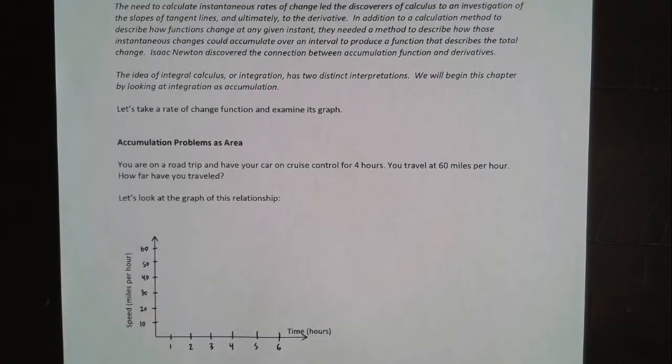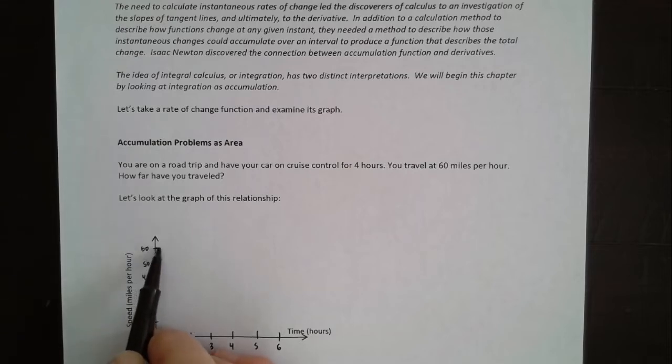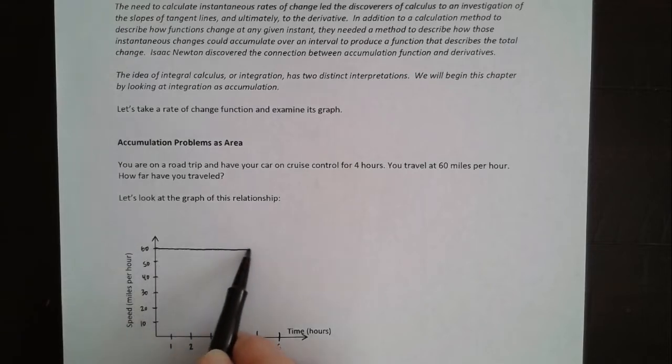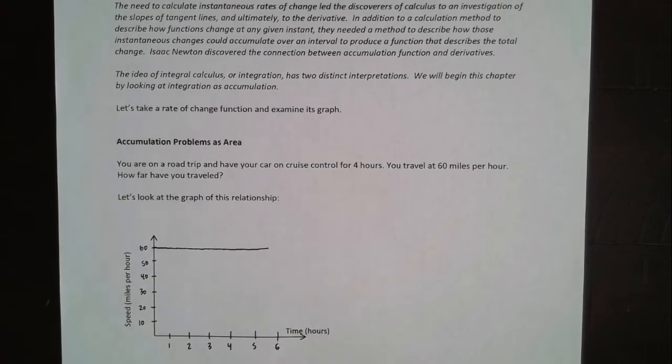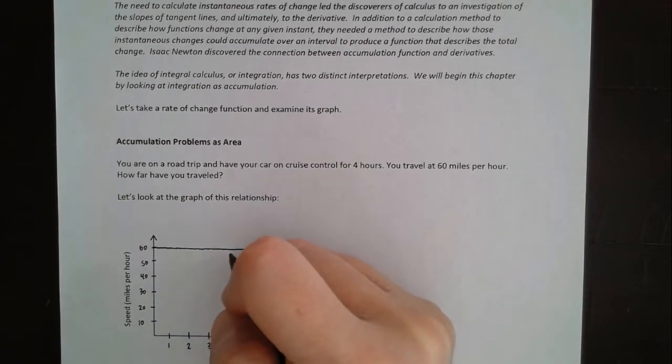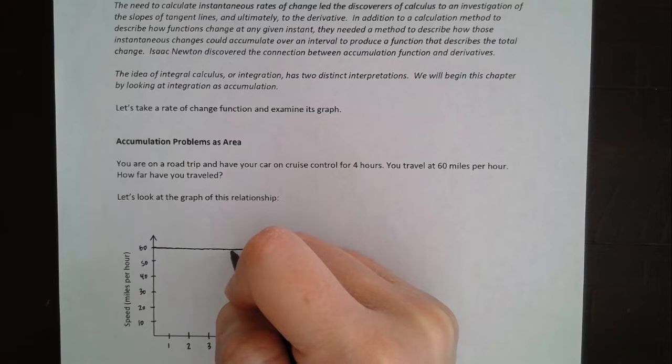So if I have my car on cruise control and I'm not changing speed at any point during these 4 hours, my function is going to be constant. So if I'm traveling at 60 miles per hour, my function is probably going to look something like this. And we said that we are looking for the distance that we've traveled after 4 hours.